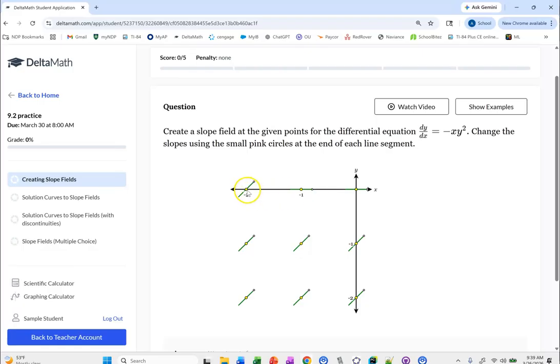If I take the point -2, 0, 0 again. If I take the point 0, -1, that's also going to give me slope 0. How about 0, -2? Slope 0, so I'll adjust that.